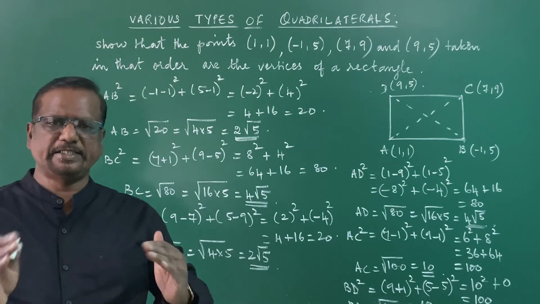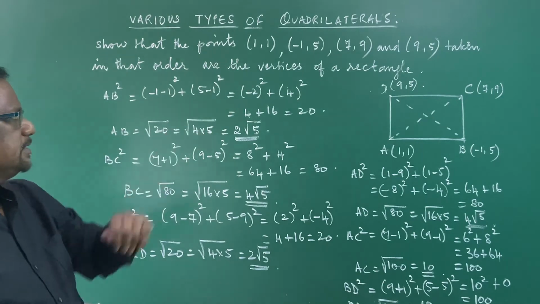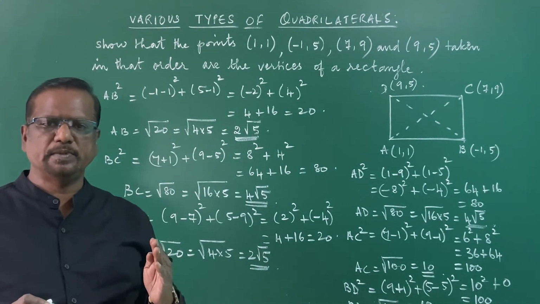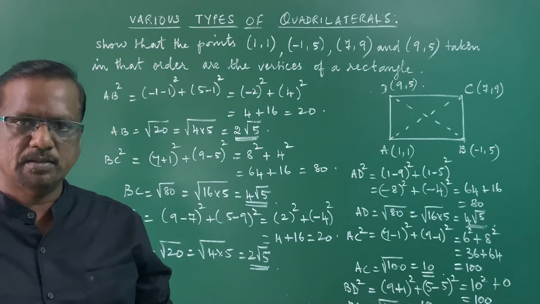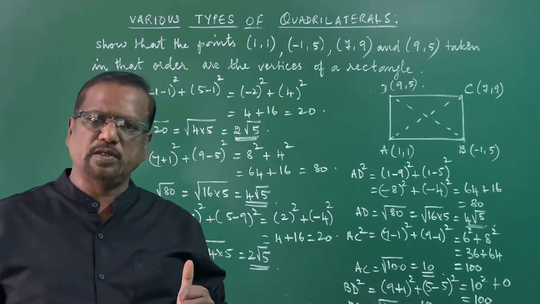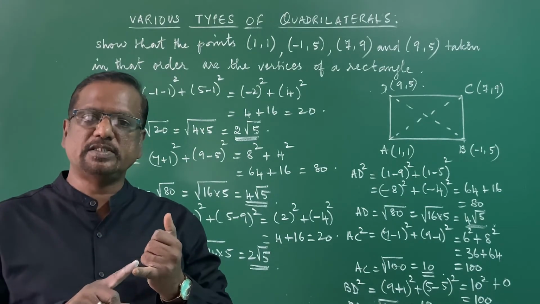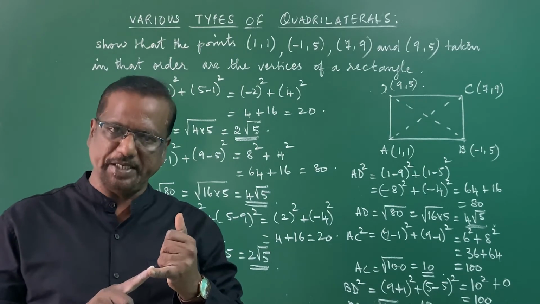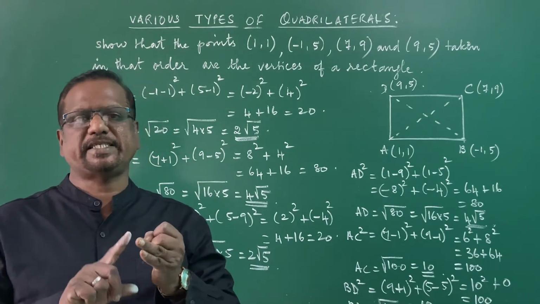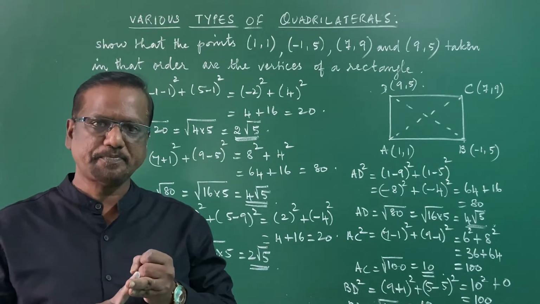Now, listen carefully, children. The four vertices we have to prove are the vertices of a rectangle. The conditions for proving a rectangle are, first, the opposite sides of the quadrilateral should be equal, and second, the lengths of the diagonals should be equal.